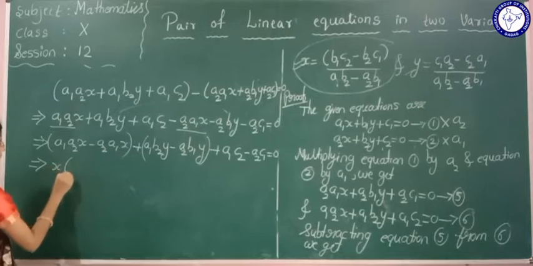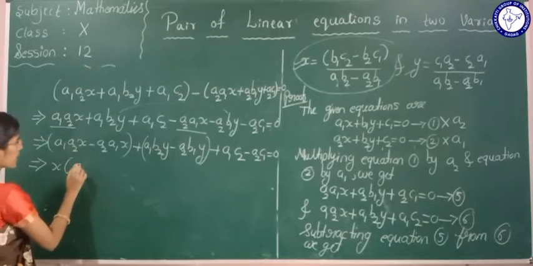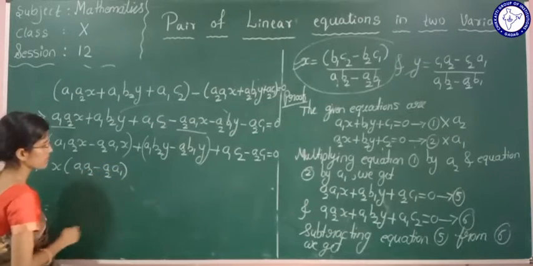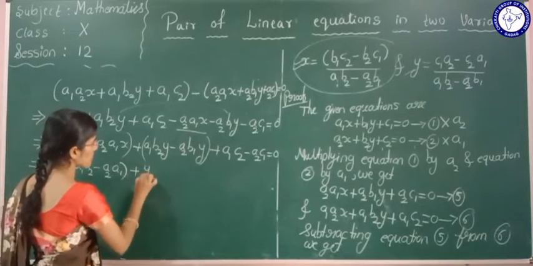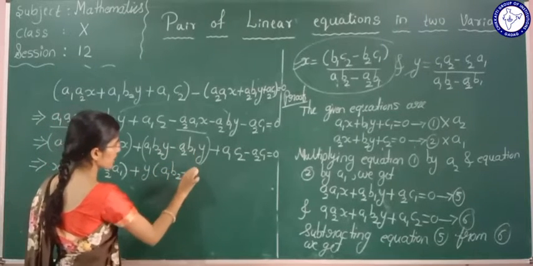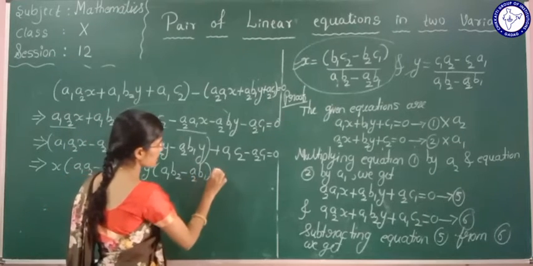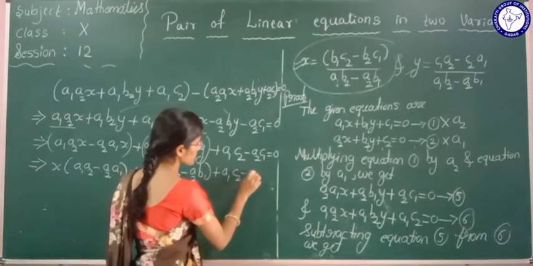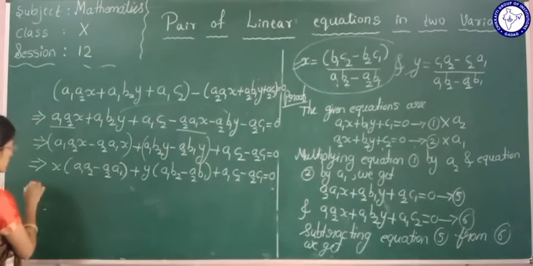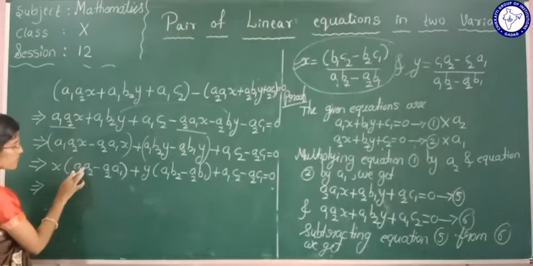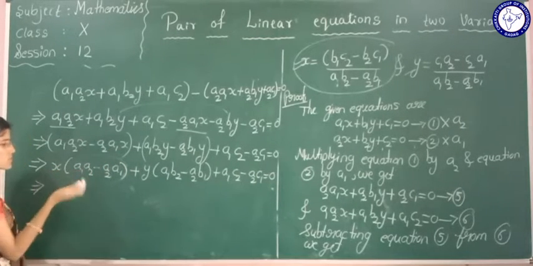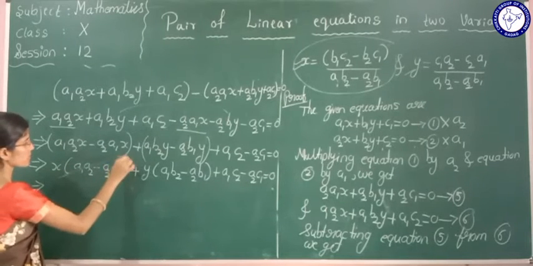If you take x common, the remaining is a1a2 minus a2a1, plus here we will take y common. What is the remaining thing? a1b2 minus a2b1, plus a1c2 minus a2c1 is equal to 0. Now see here, a1a2 minus a2a1 is going to be 0. x into 0 is 0. This full term will be 0.